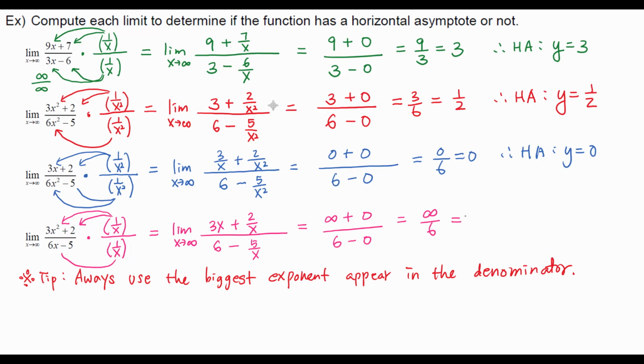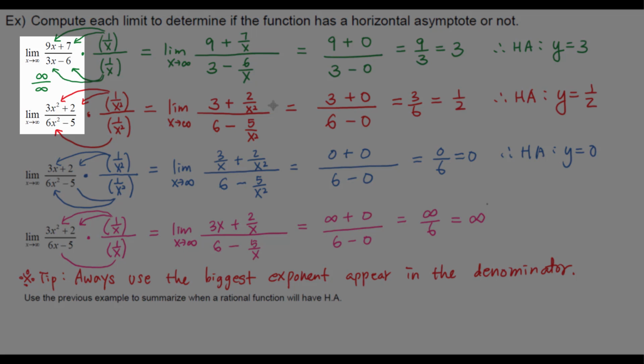And the result is, of course, infinity. And because my limit is not a real number and it is infinity, that means you're not going to get a horizontal asymptote here.